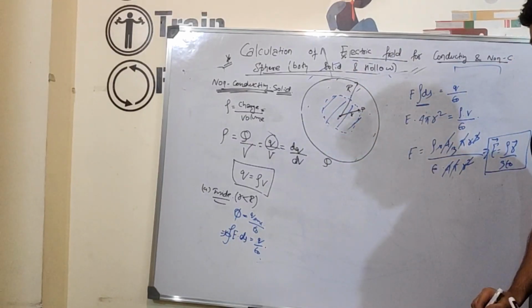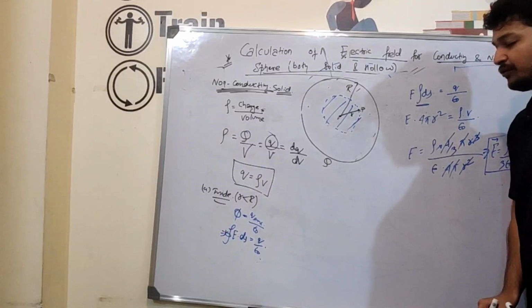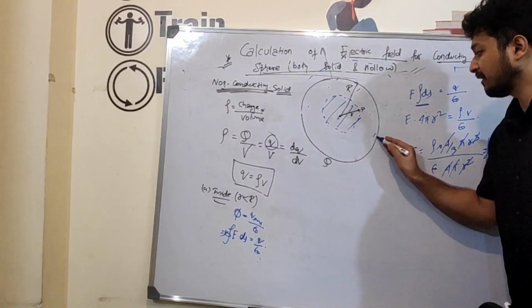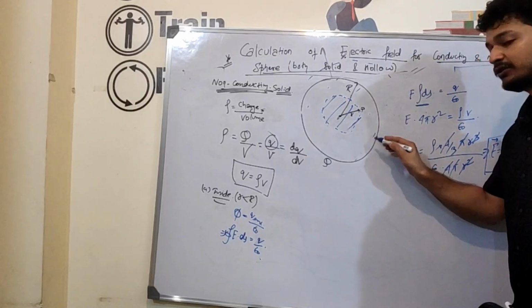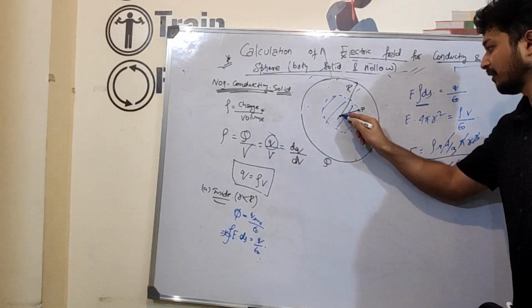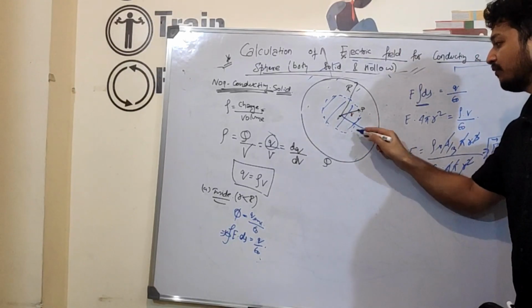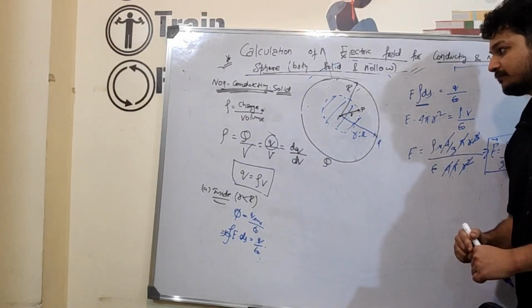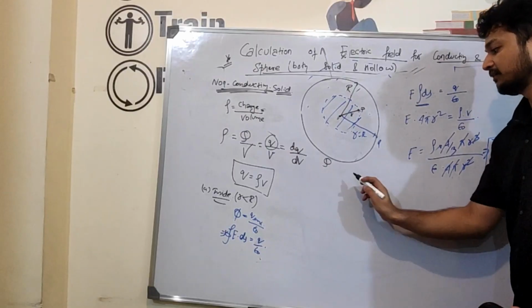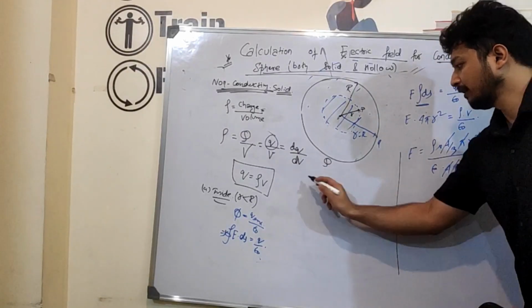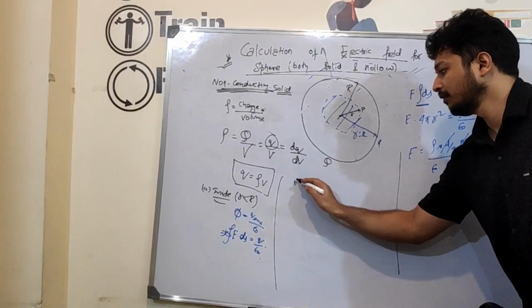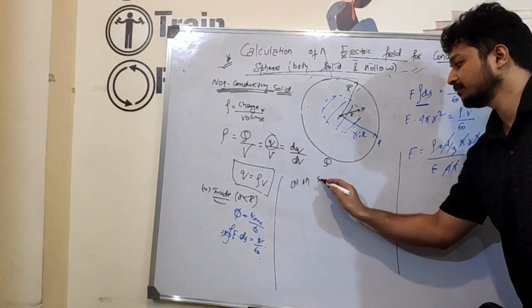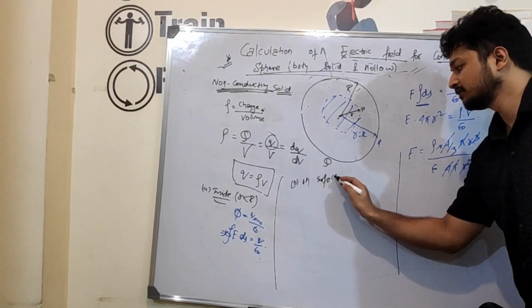This is the only thing which will be different. Other than that, if we calculate the electric field at a point which is on the surface, at a radial distance of small r equals capital R, what will the value of electric field on the surface come out to be?